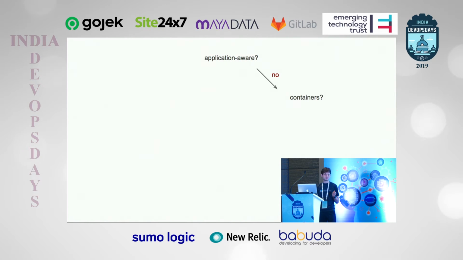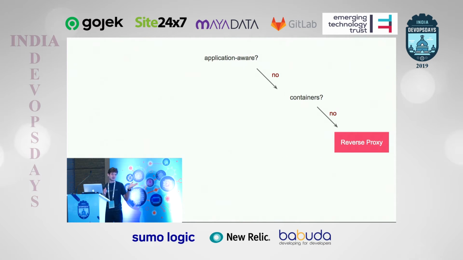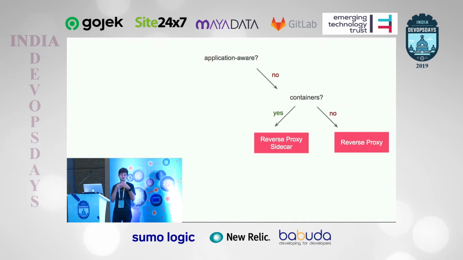If no, then is it container-based? If no, then just use reverse proxy from Nginx. That is a major solution, you can use it. If it's container-based, then you can use reverse proxy sidecar as soon as it's available. But it will be. Trust me, it's coming.